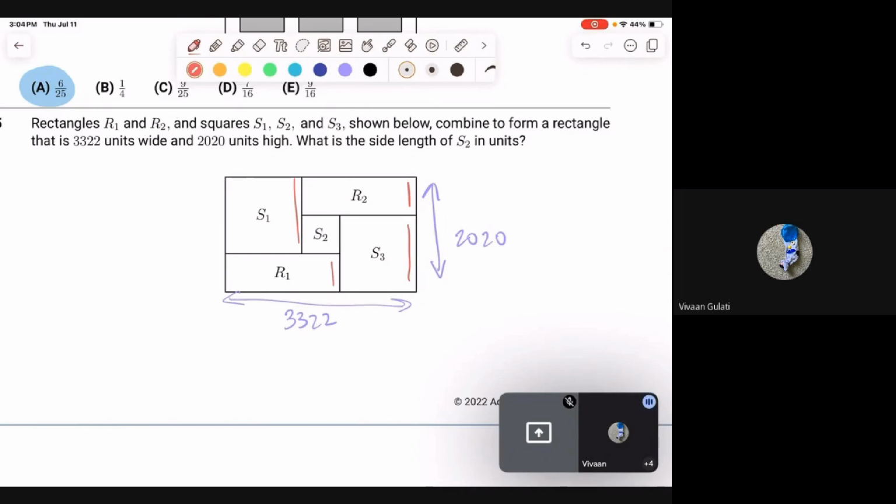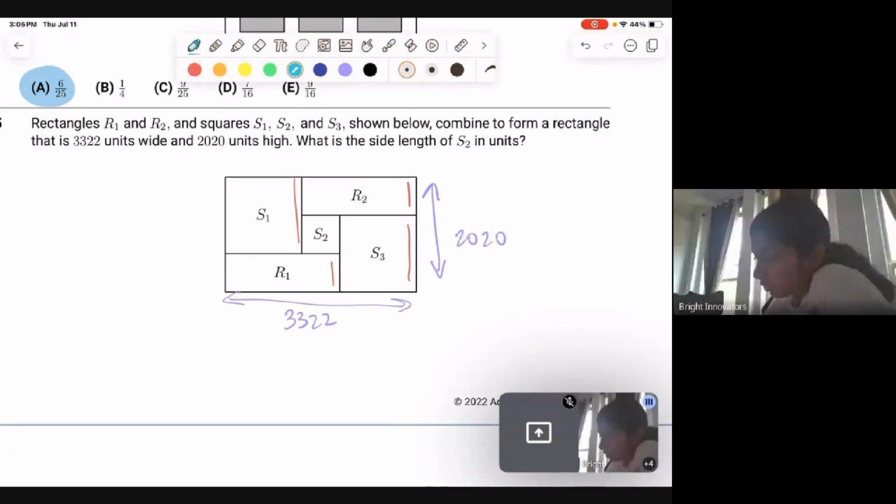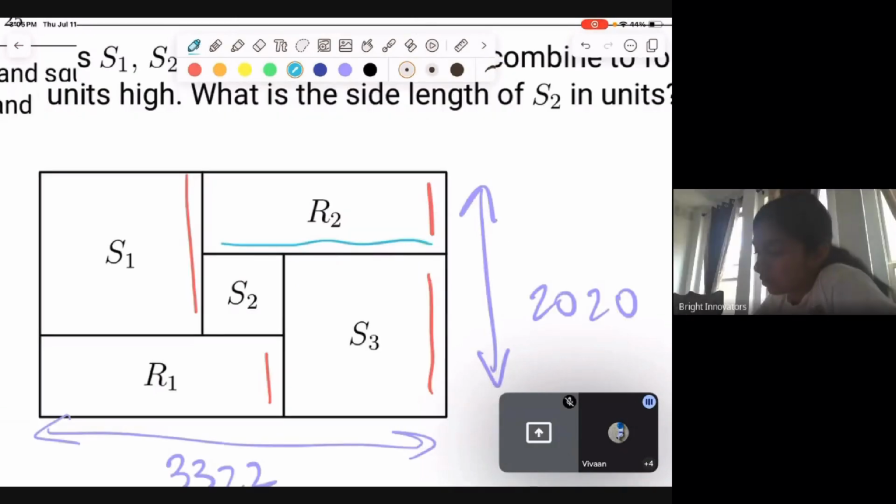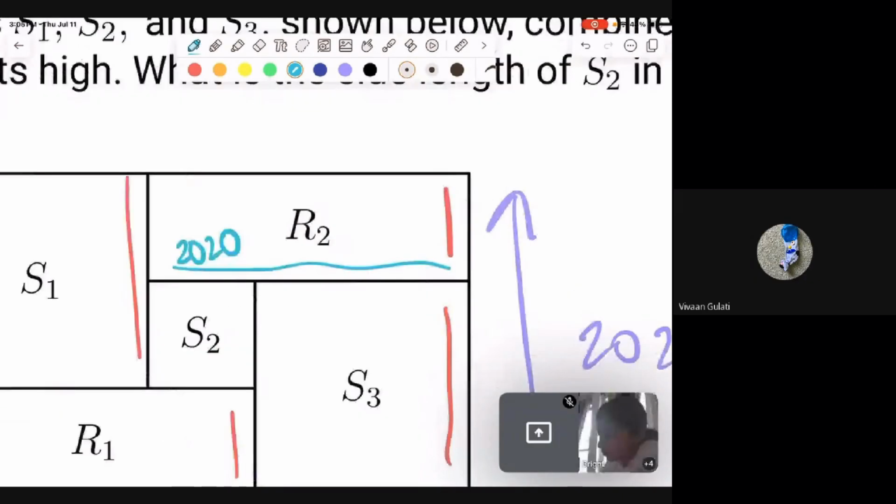Pretty sure, because the length of the sides, yeah. This side? Yeah, that's 2020. Okay. So that means S1 is X.